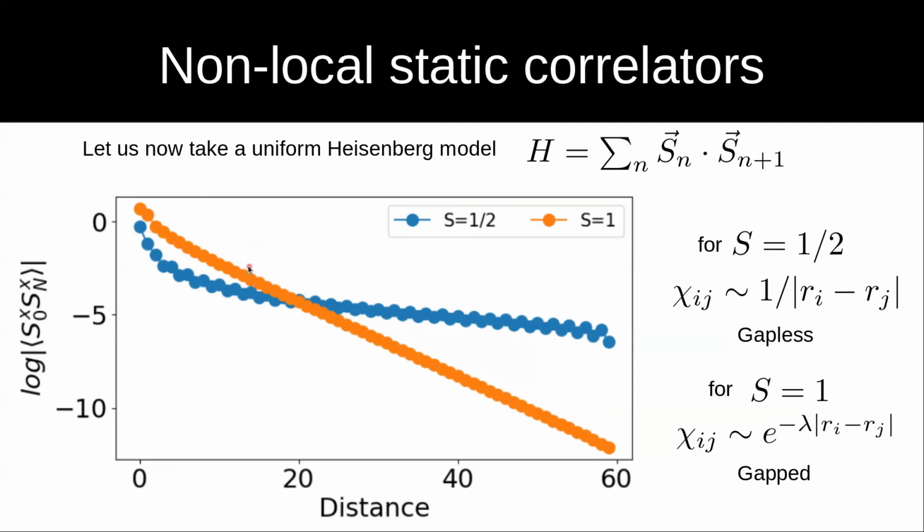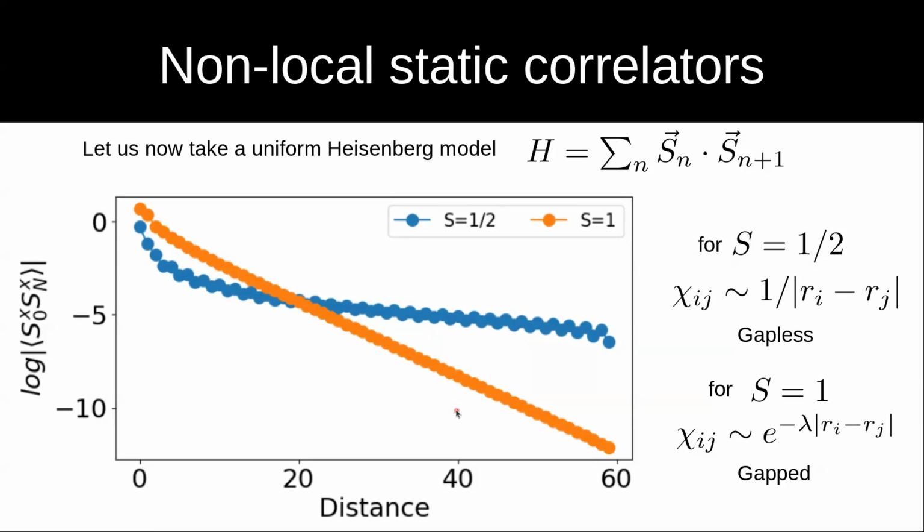But if you keep computing bigger and bigger systems, you see that the spin 1/2 model has a non-local correlator that decays very slowly, whereas the spin 1 Heisenberg model has a non-local correlator that decays much faster.